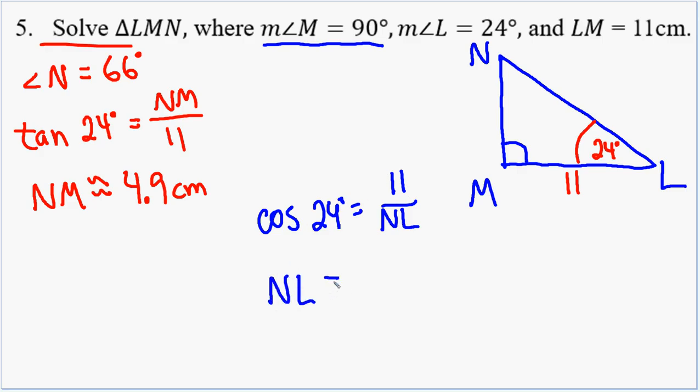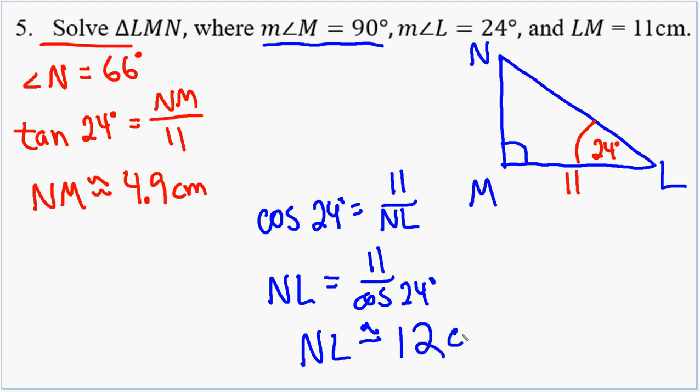So the side length of NL is 11 divided by cos 24 degrees. Punch it in the calculator. We get our hypotenuse NL. It rounds to about 12 centimeters. And that makes sense. The hypotenuse should be the longest side. It is longer than 11. It is longer than our 4.9.